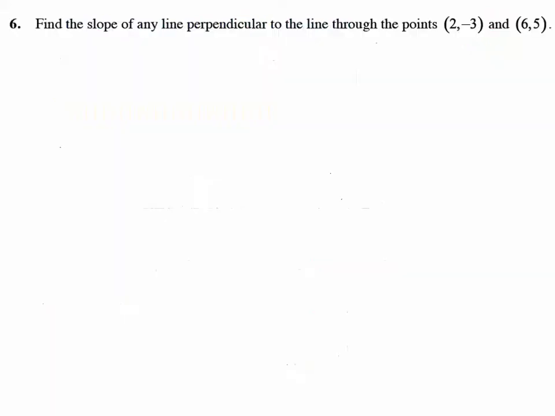Sort of like that, yeah. Let's jump to it. So number 6. Find the slope of any line that's perpendicular to a line that goes to these 2 points. So first and foremost, we've got to get the slope of the line that goes to those 2 points first. So let's go for that. So we've got to get a slope here first.